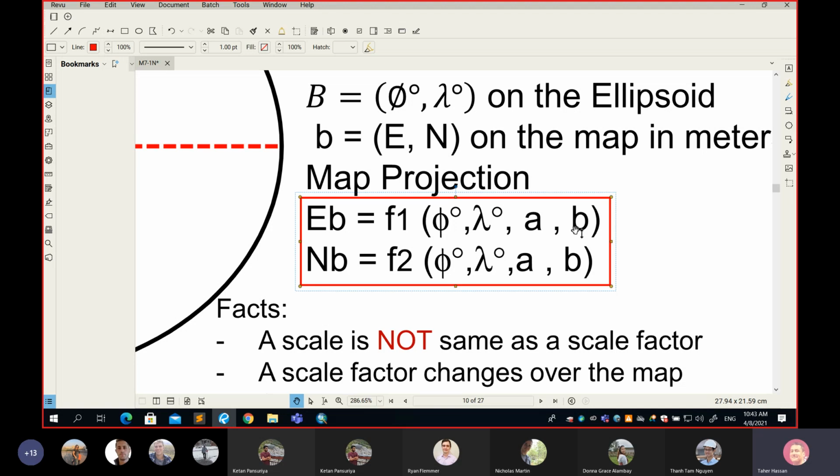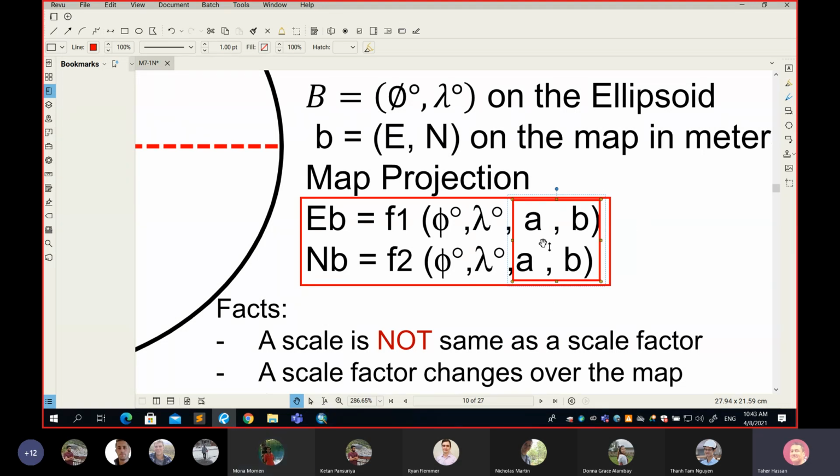But also remember, part of the story is A and B. Can anybody tell me what A and B are? If you remember the discussion, what are those little a and little b? Semi-major axis. Yeah, thank you so much.